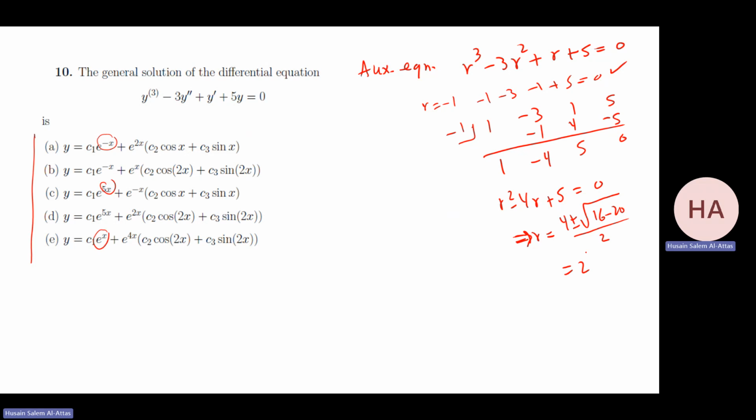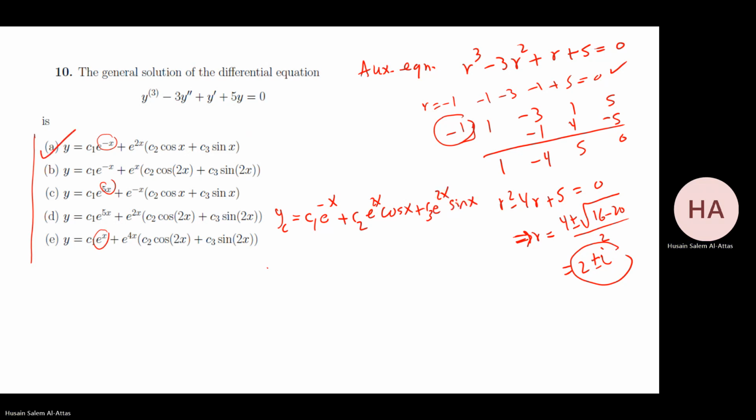This is 4, and then the square root of minus 4 is 2i, so 2 plus or minus i. So you have this and this, you have 3 roots. So yc will be c1 e to the minus x plus c2 e to x cosine x plus c3 e to x sine x. So I have this answer. Correct.